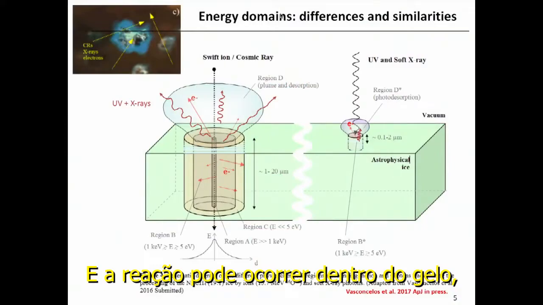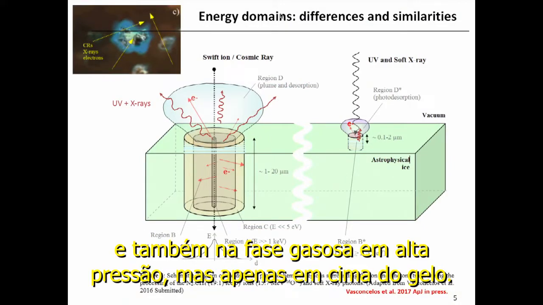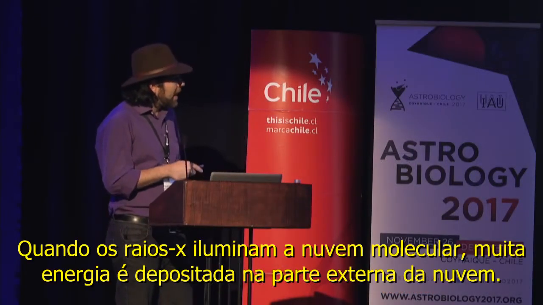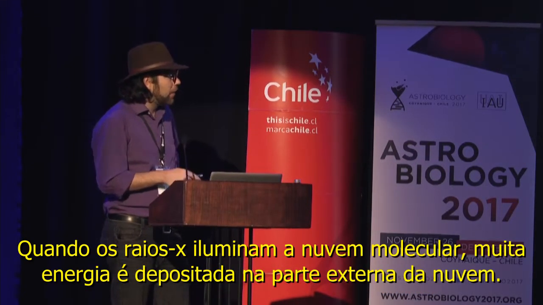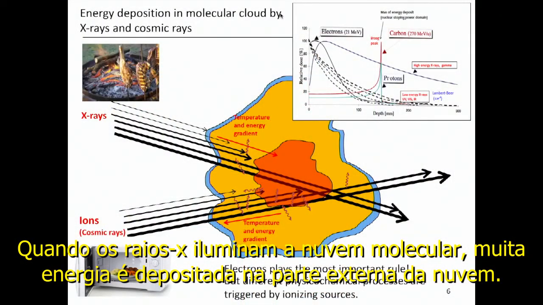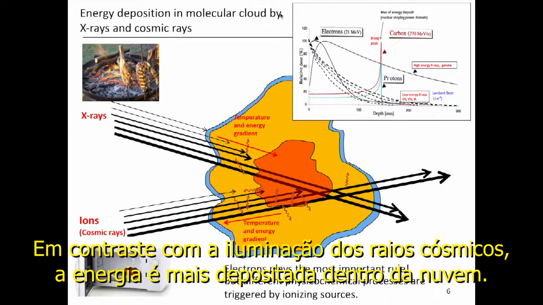And reactions can occur inside the ices and also in the gas phase, in the high pressure gas phase just above the ice. Additionally, when X-rays illuminate a molecular cloud, most of the energy is deposited on the outer part of the cloud, in contrast with cosmic ray illumination that deposits most energy inside the cloud.